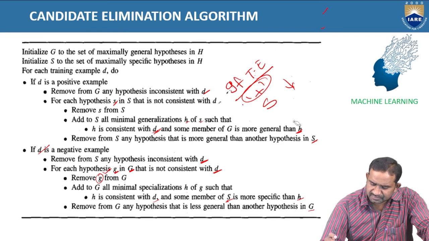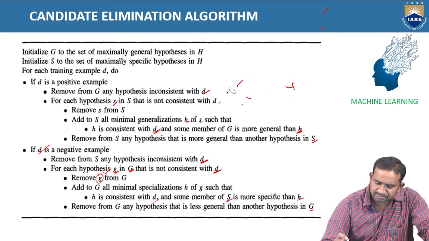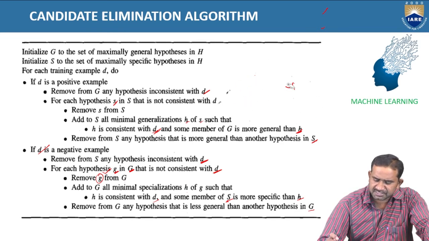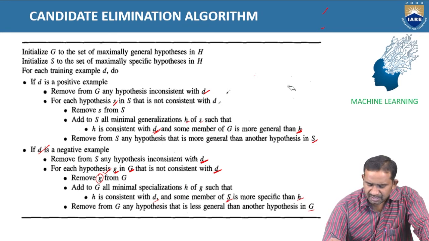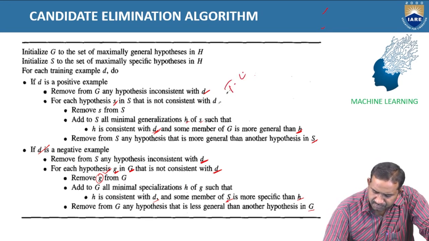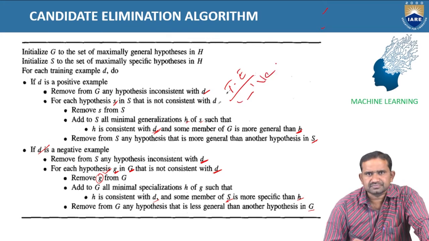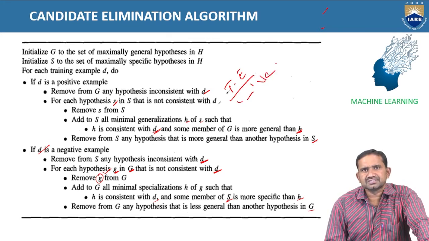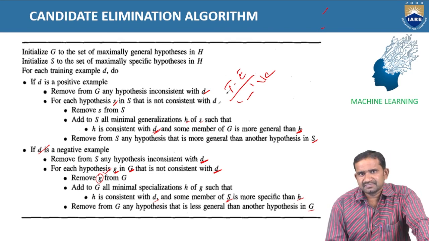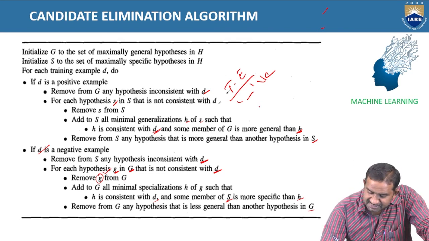Whereas if the training example is negative, with a negative result, in that case we move from the generalized hypothesis to the specific hypothesis.